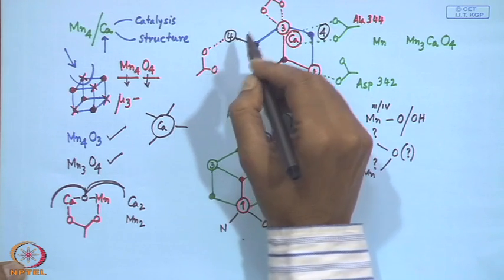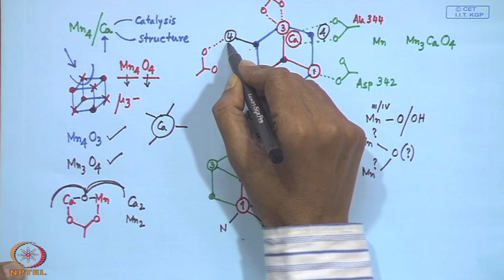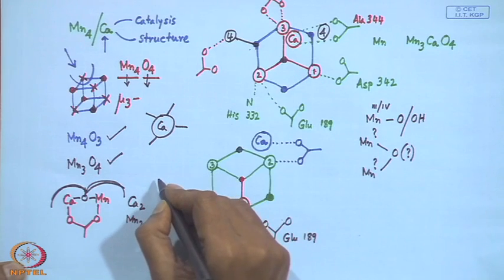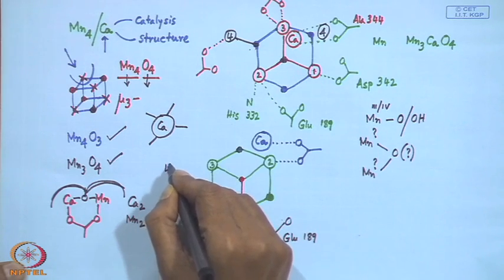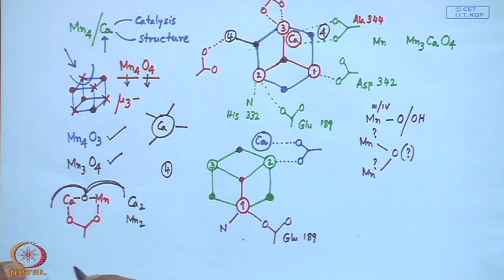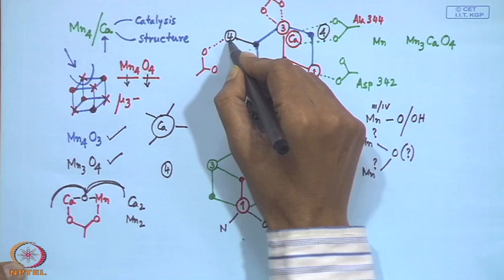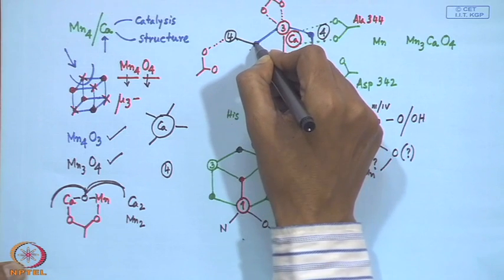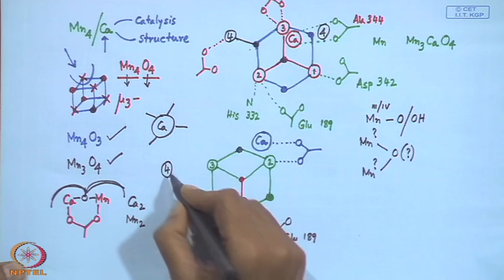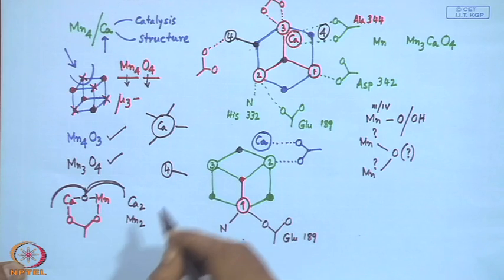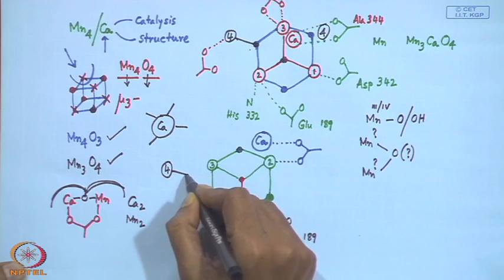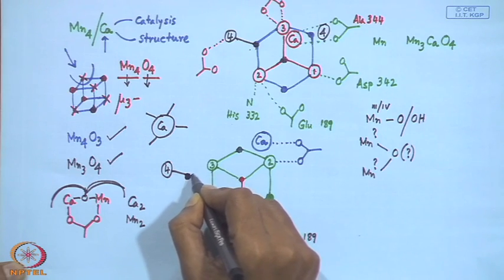Your manganese number 4 is there, you will have this manganese. Earlier you have this manganese which is connected to a mu 3 oxido function. So, it will try to remain there with the help of some other bridging groups.